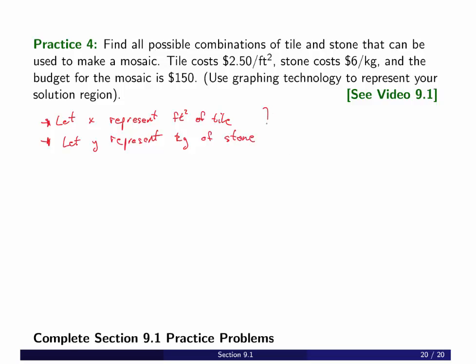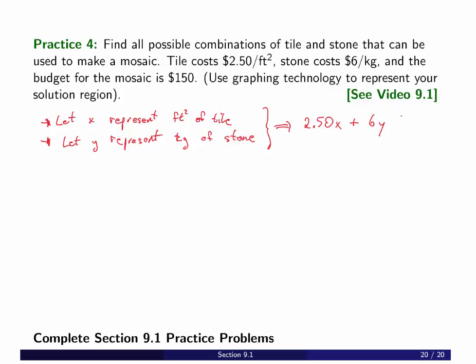That implies that the inequality that we're after here is 2.5x, because that's the cost per foot squared. So say you have 4 feet squared, times that by 2.5, and then you get your overall cost. Plus, similarly, we have 6y. So for instance, if you had 10 kilograms, 6 times 10 would give you $60 for those.